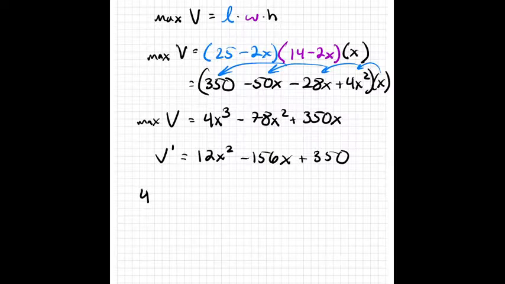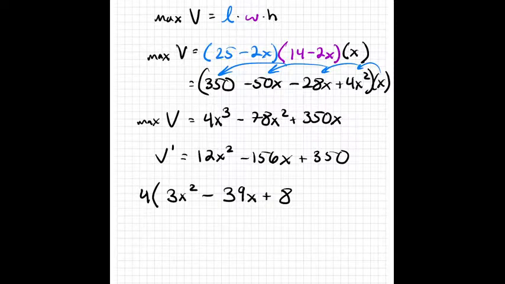Let me see if that's right. 4 doesn't go evenly. Hey Siri, what's 350 divided by 4? 350 divided by 4 is 87.5.